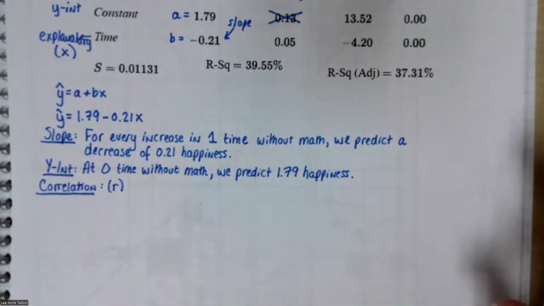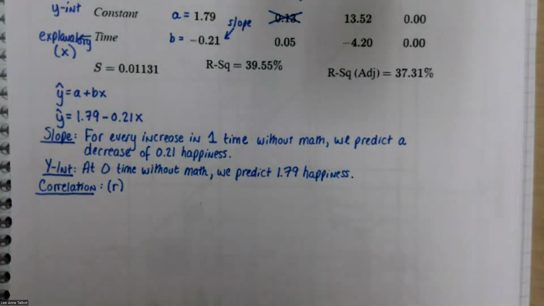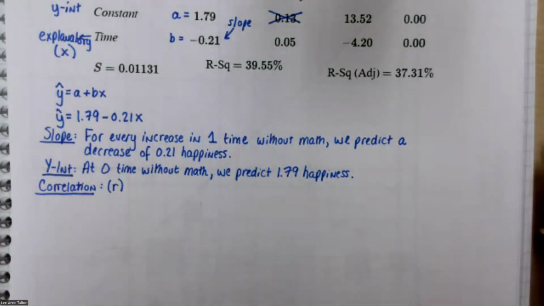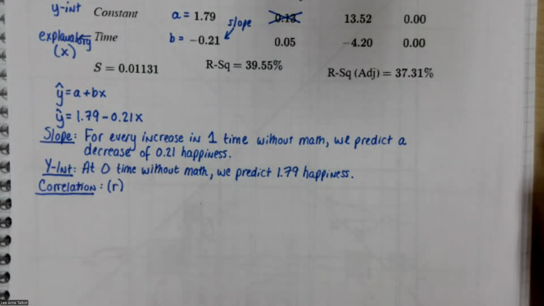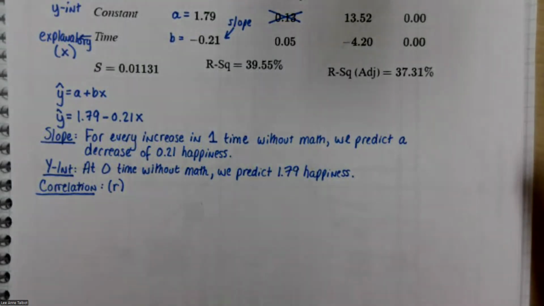Okay. Next thing that we need to know is how do we get R from this problem? Correlation is R. How do I get R from the regression output that they gave me?